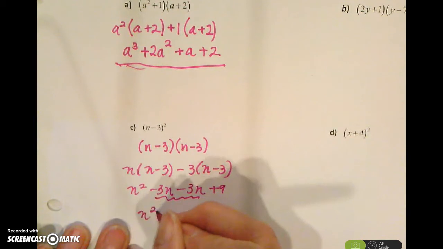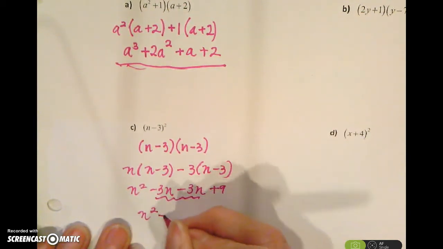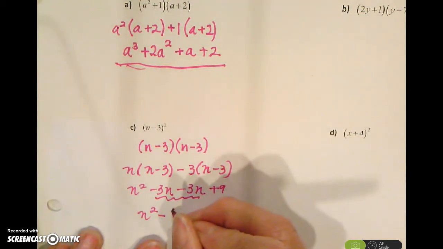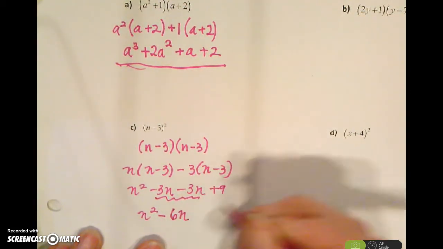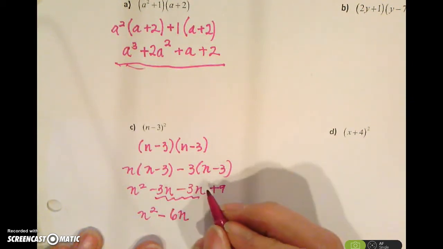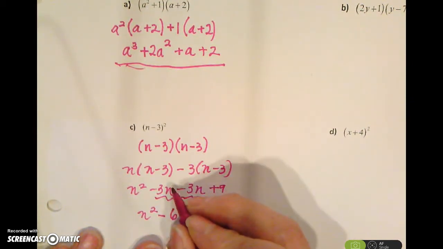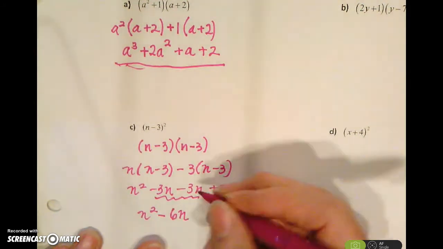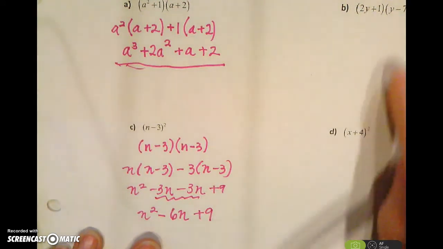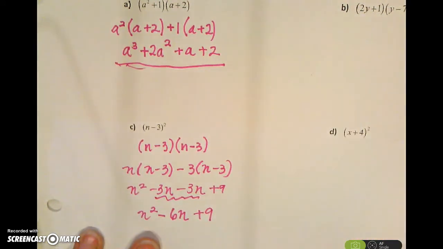So I have n to the second minus, and I'm going to add negative 3 and negative 3, which is negative 6n. And remember, Powerman says that if you're doing addition, you do nothing with the exponents. So my 1s stay 1s, and then plus 9. And we'll come back and do B and D in class next time.